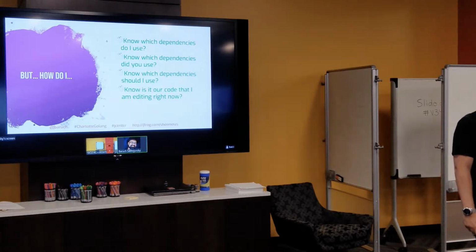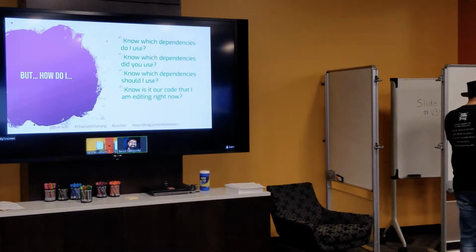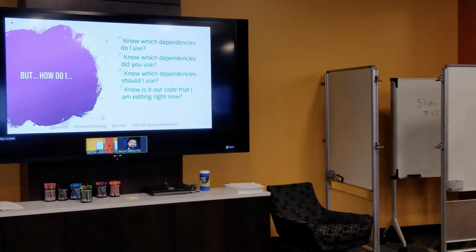How do I know if it is our code, in terms of the code of our organization, that I edit? So obviously package declarations can help. If I see a package declaration which is outside of my organization, I can assume that it's not our code. But how about internal dependencies?